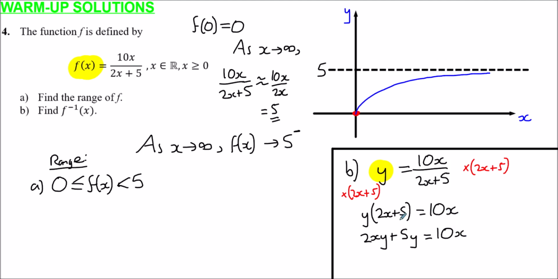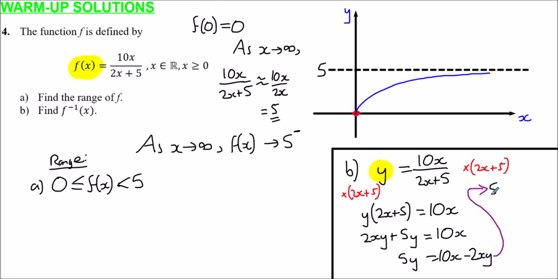Now what we need is all of the x's on one side. So what I'm going to do here is subtract 2xy from both sides. So 5y is 10x minus 2xy. Next, we can factorize out an x here.